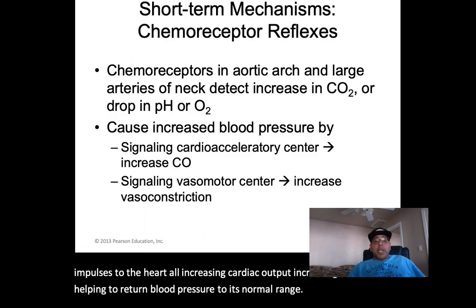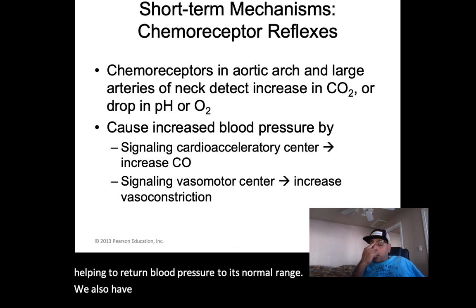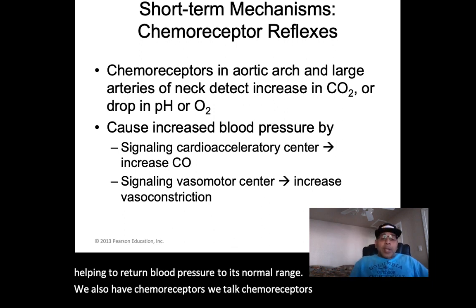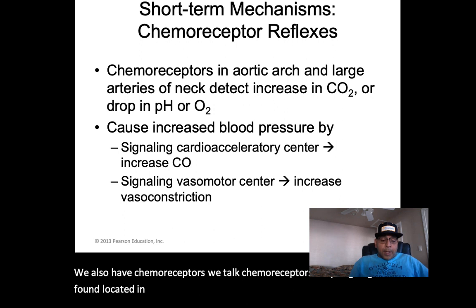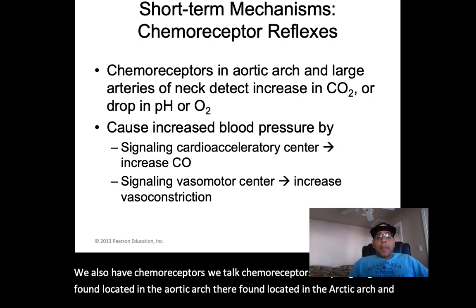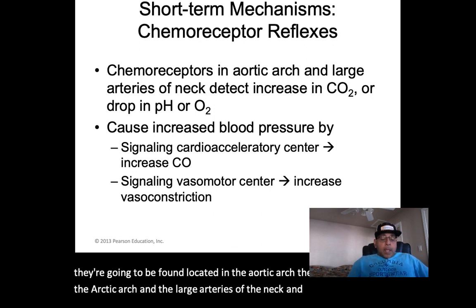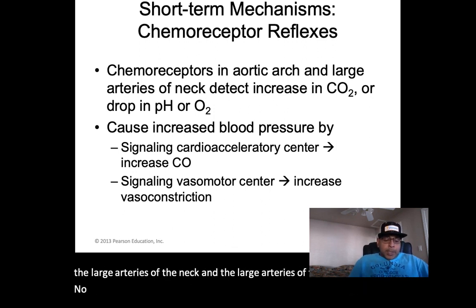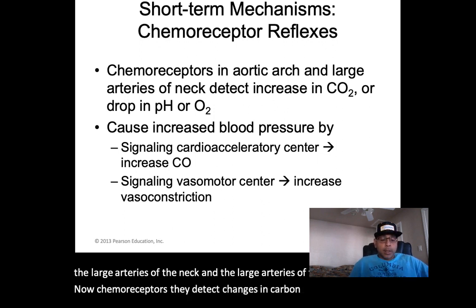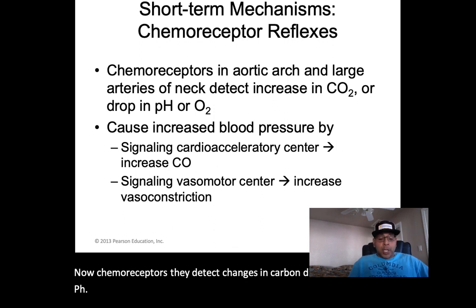We also have chemoreceptors. Chemoreceptors are located in the aortic arch and the large arteries of the neck. They detect changes in carbon dioxide levels, pH, and oxygen content.